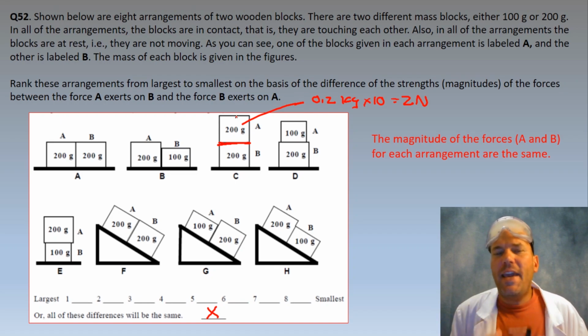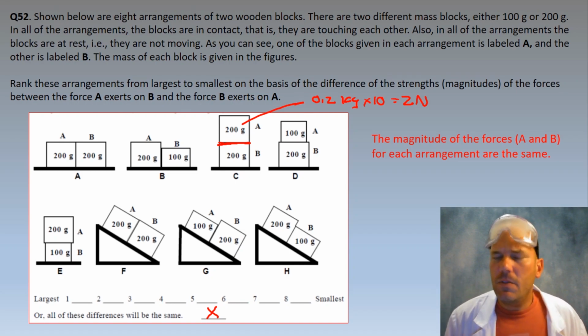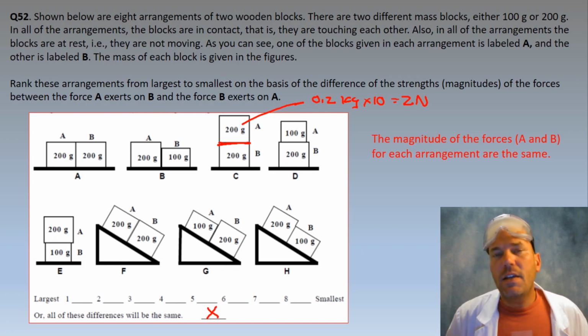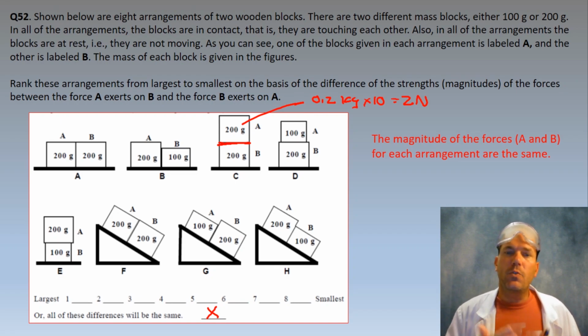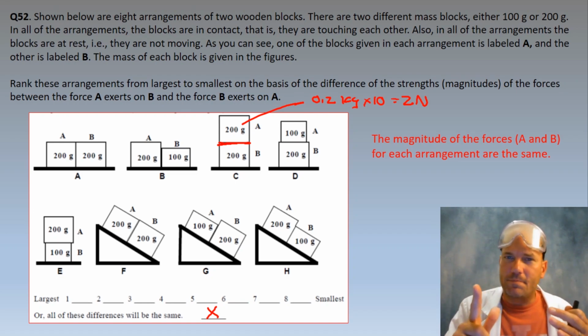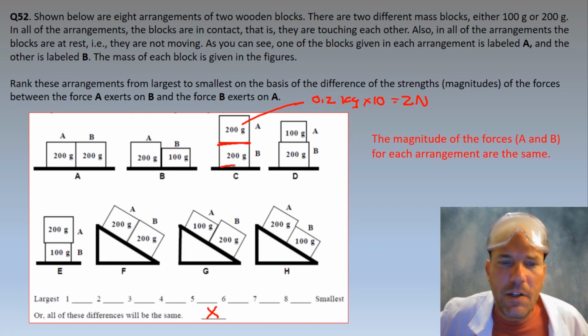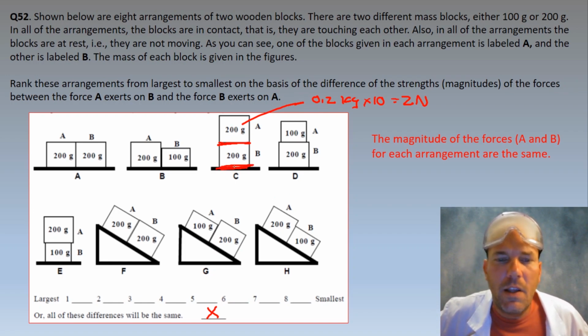So the box A in scenario C is exerting a downward force on box B, magnitude and direction, 2 newtons. Box B is exerting an upward force normal to the box. Box B is exerting a 2 newton force upward. Now, what if you looked at this force here, which it doesn't even ask about? I'm just having so much fun right now, I want to talk about it.